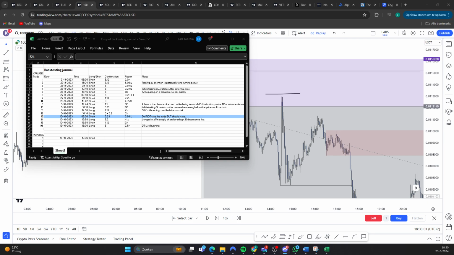It's a 1.13. Result, 7.6%. There we go. Auto save is on, and that's our first trade on Pepe.